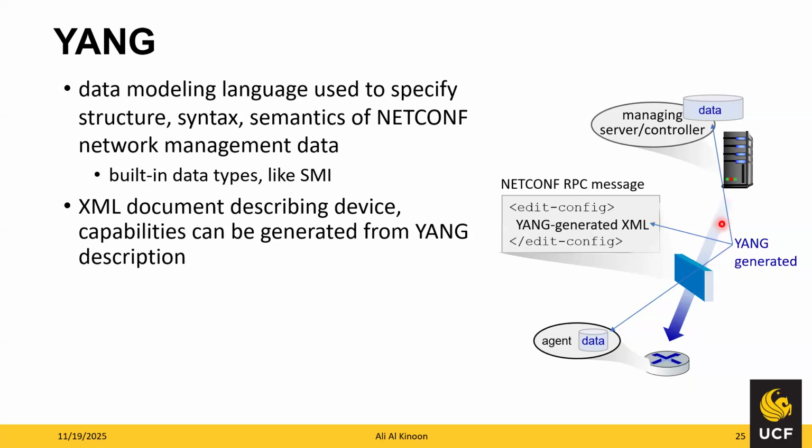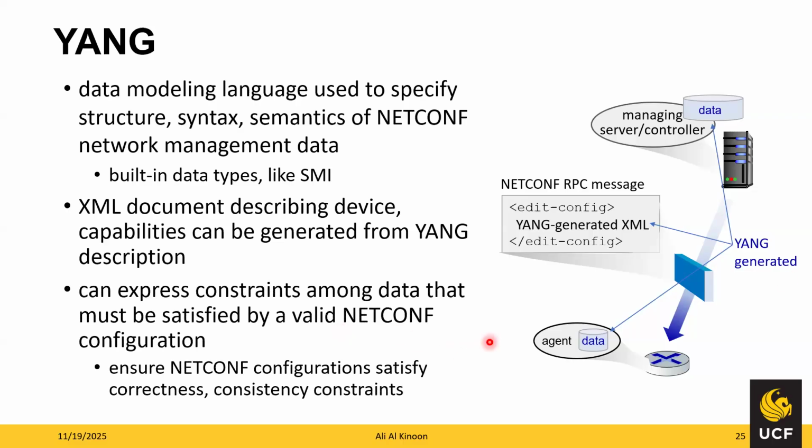On the right here, we see that the NETCONF RPC messages follow YANG structure. This ensures that every message is valid and matches the schema defined by the device. Okay, so NETCONF depends on this YANG-generated structure to interpret the configuration changes correctly.